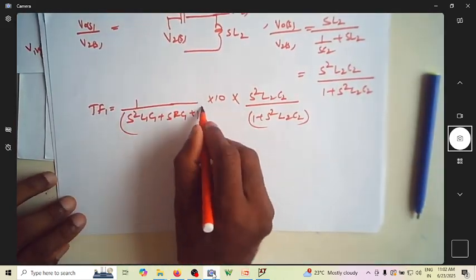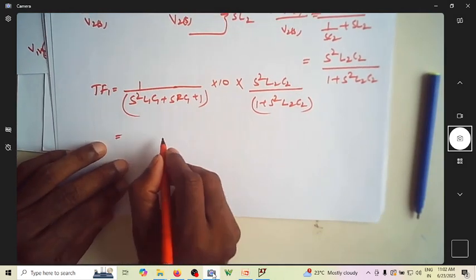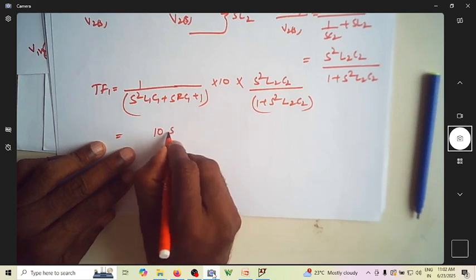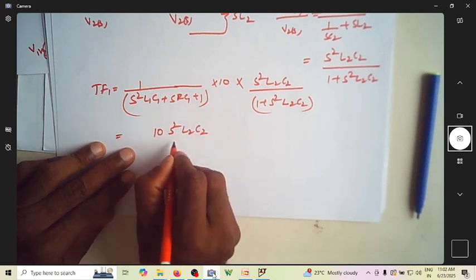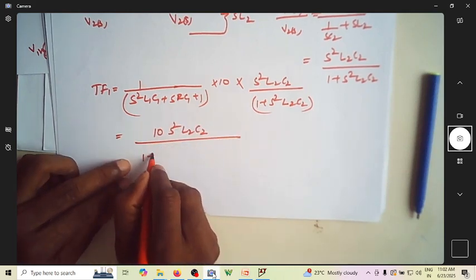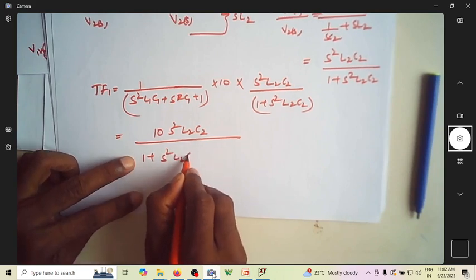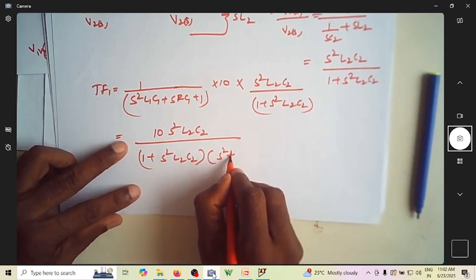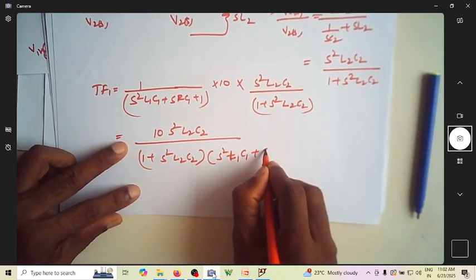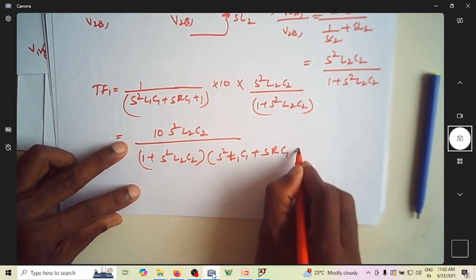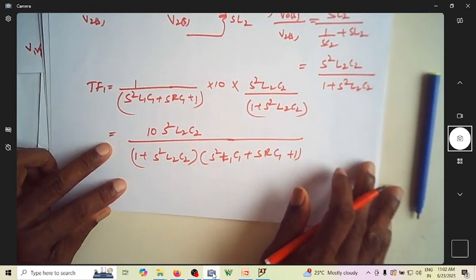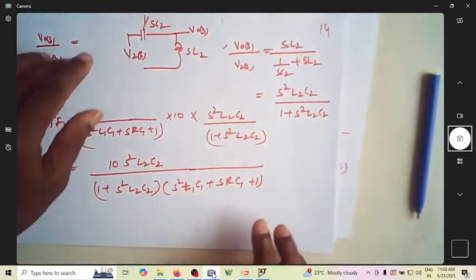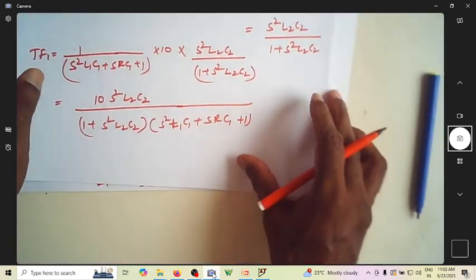Now what is the overall transfer function? It is 10 into S squared L2 C2 by 1 plus S squared L2 C2, into 1 over S squared L1 C1 plus RC1 S plus 1. So this is sufficient to know the poles and zeros.